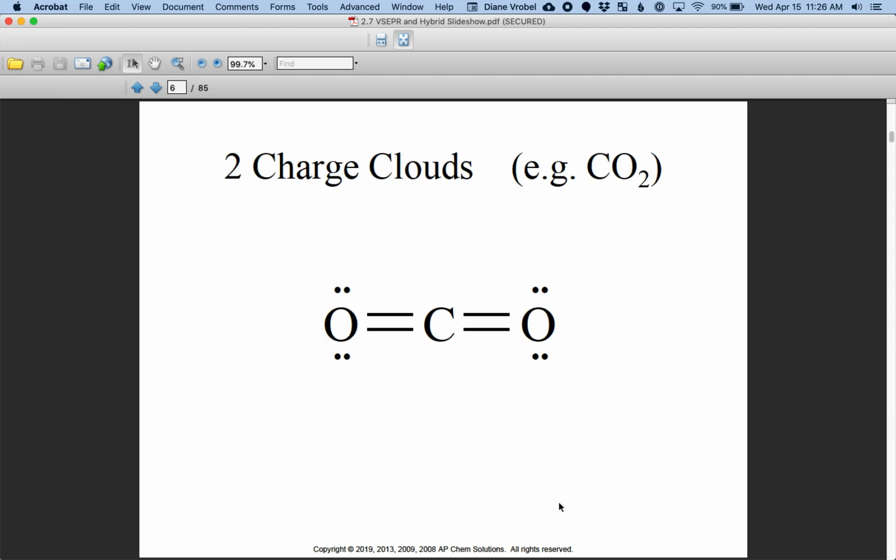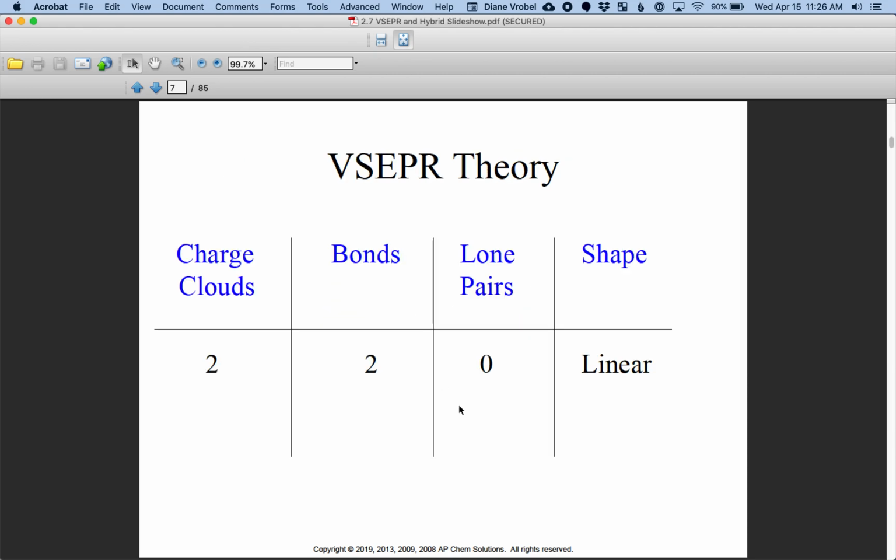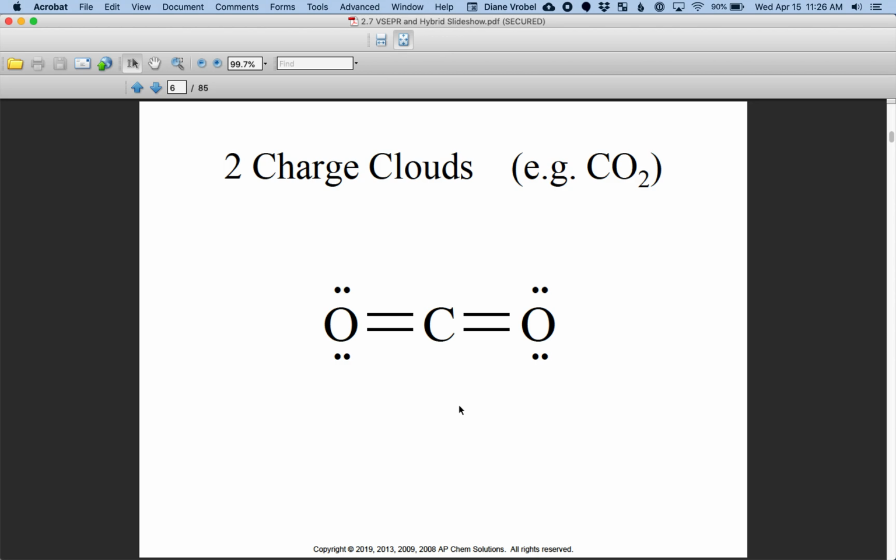Okay, so here is an example where we have two charge clouds. You would argue that carbon is the central atom, and on either side is one charge cloud. So when we have that, we consider it linear. Notice that on the central atom, there are no lone pair electrons, so that is not changing the shape at all.